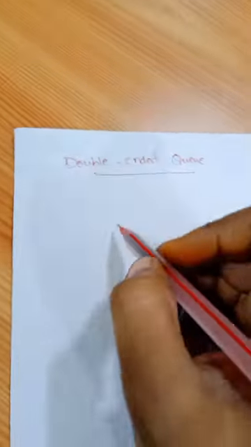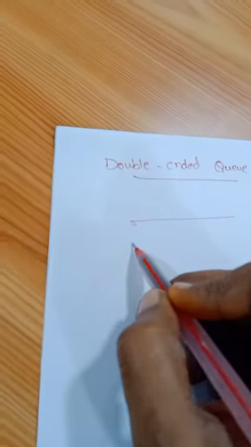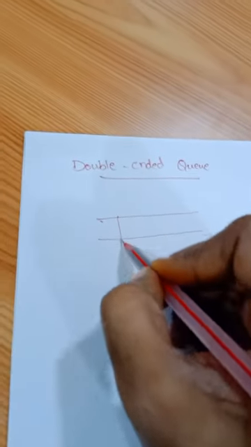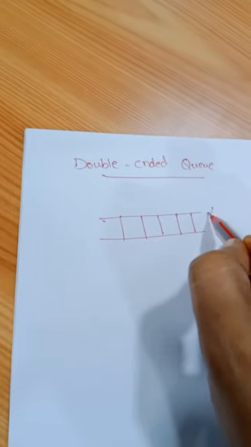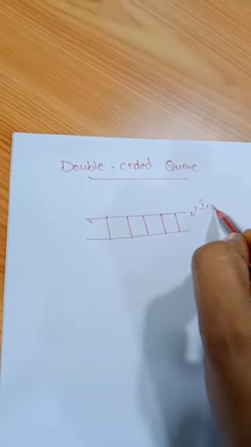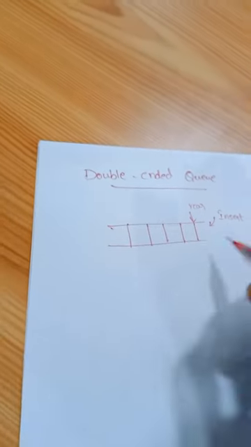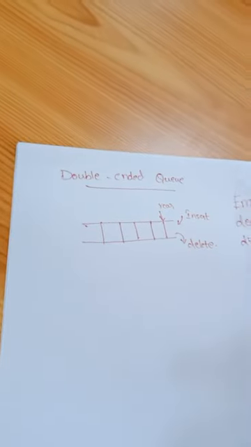When it comes to the double-ended queue, we have two ends. We already discussed that every queue has two ends, but this double-ended queue has two insertions. That means we can insert an element from the rear end, and also delete an element from the rear end.